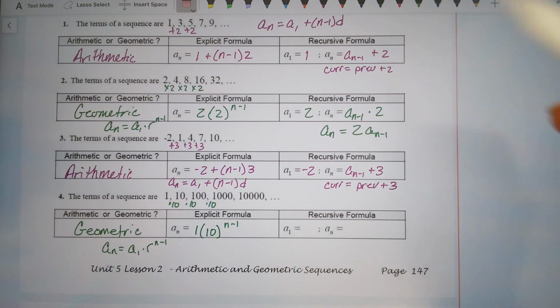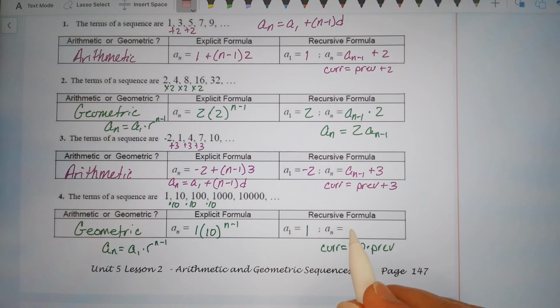Recursively, first term, 1. And the current term equals 10 times the previous, 10 times a sub n minus 1.